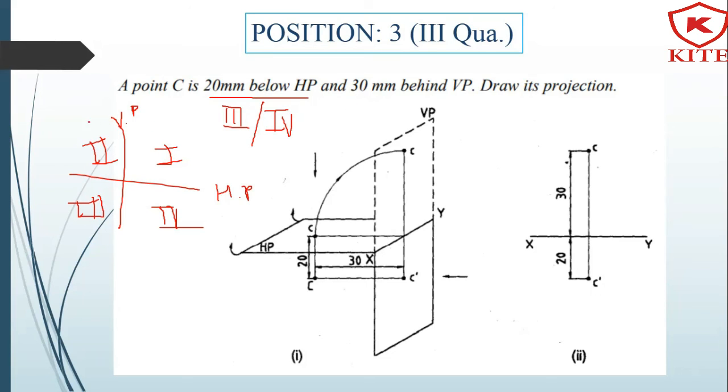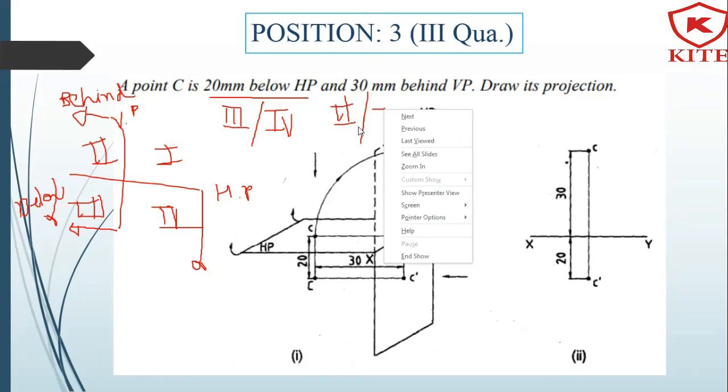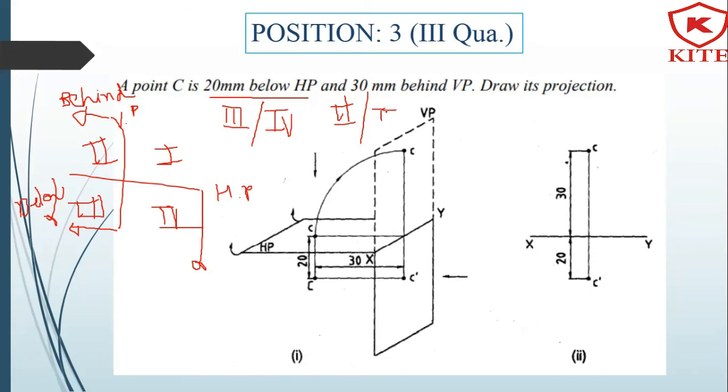Behind VP there are two possibilities: either the second quadrant or the third quadrant.